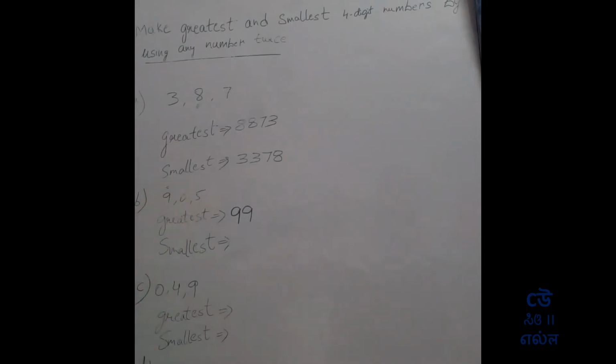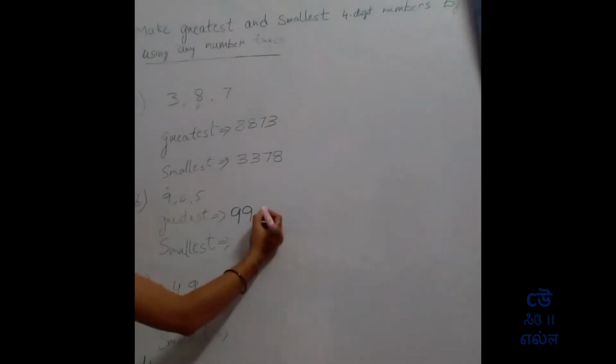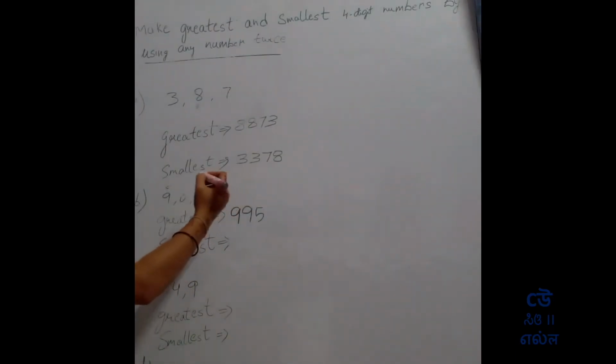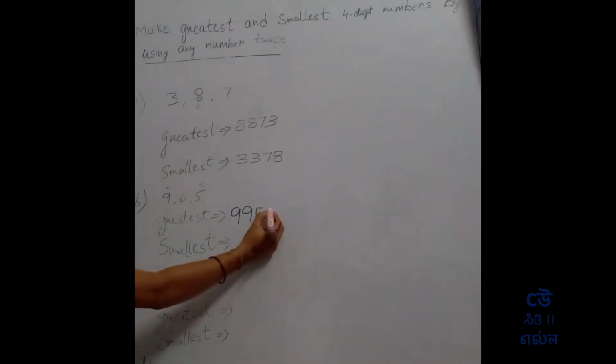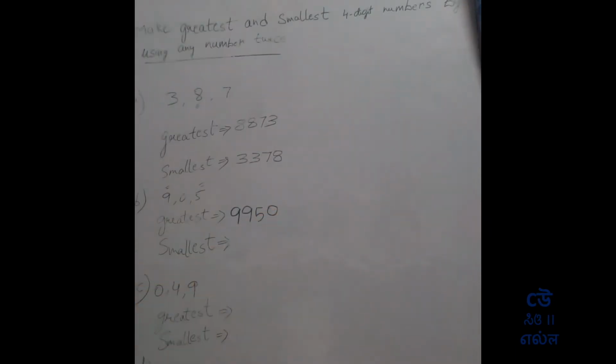The remaining are 0 and 5. Which is greater? 5. Then the remaining one is 0. So the number we formed is 9950.